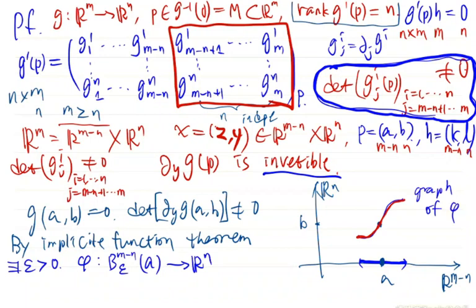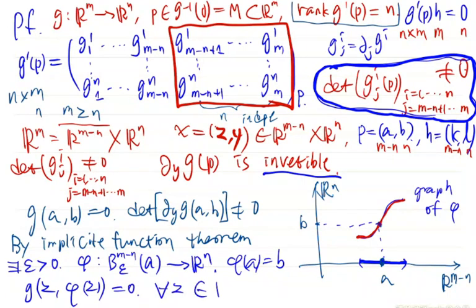We have such a phi such that phi(A) is B. The value of phi at the point A is B, and G(z, phi(z)) is 0 for any z in the neighborhood of A. This is precisely the conclusion of the implicit function theorem.